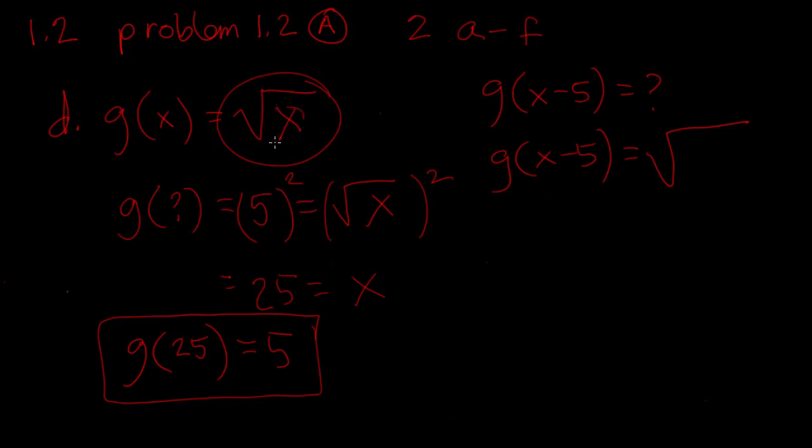So we'd say the square root of x minus 5. Well, in this case, there's actually not a lot more that we can do with that. So the g of x minus 5 is the square root of x minus 5. So we're stuck there. That's the end of it. There's really nothing more to simplify.